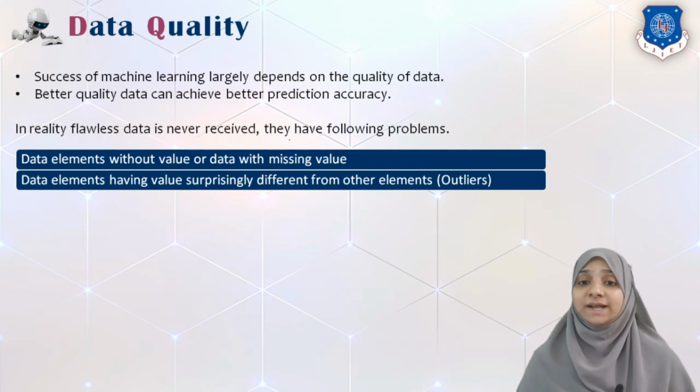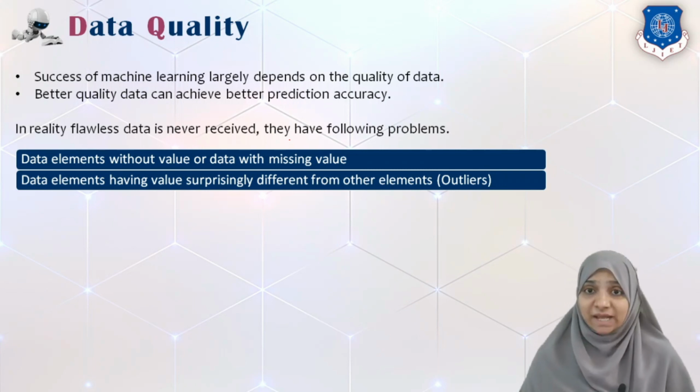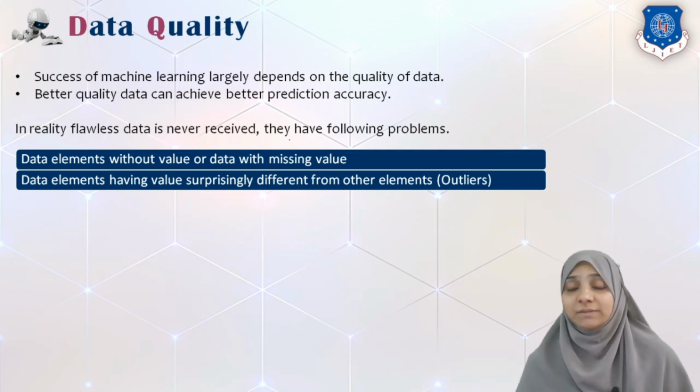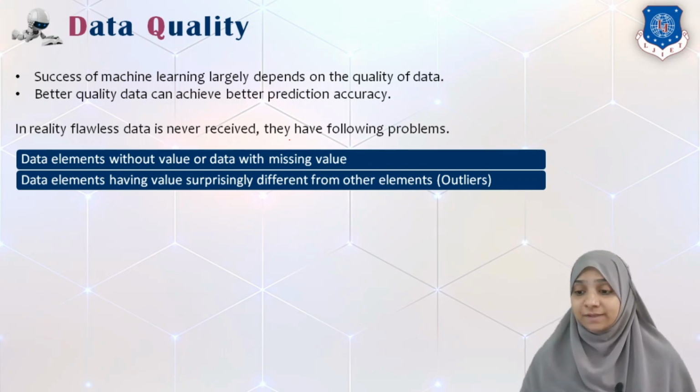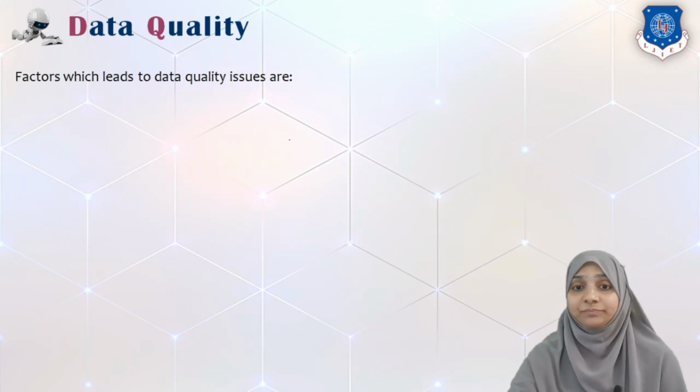They are data elements with missing values, or data elements having surprisingly different values as compared to other elements, which we call outliers. We have already seen outliers in a scatter plot and how to identify them.